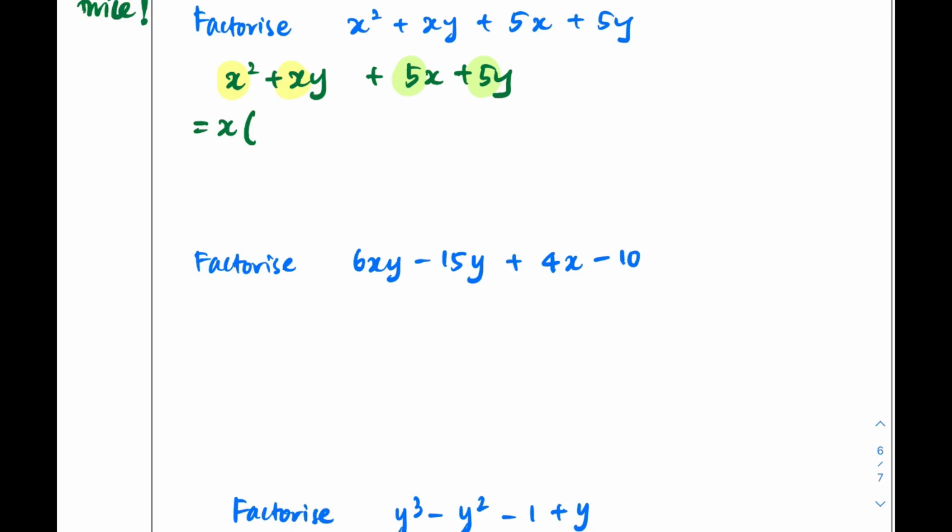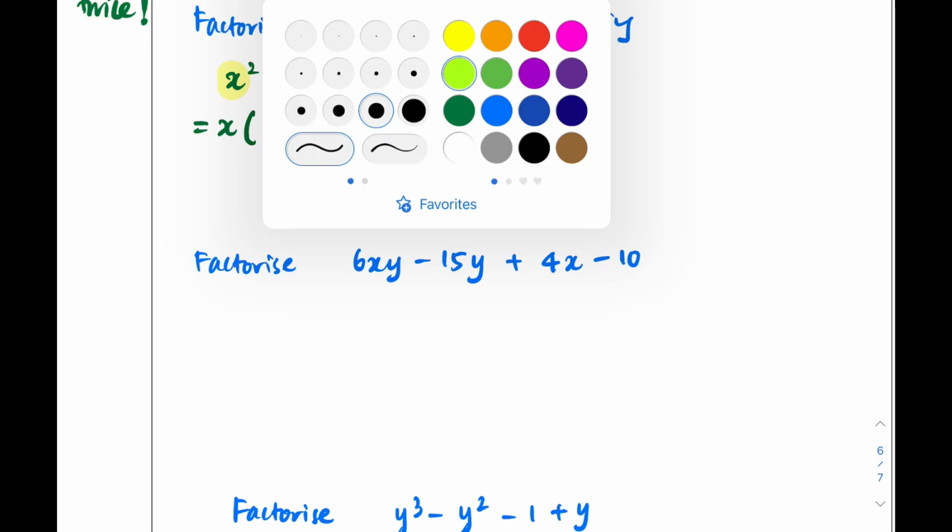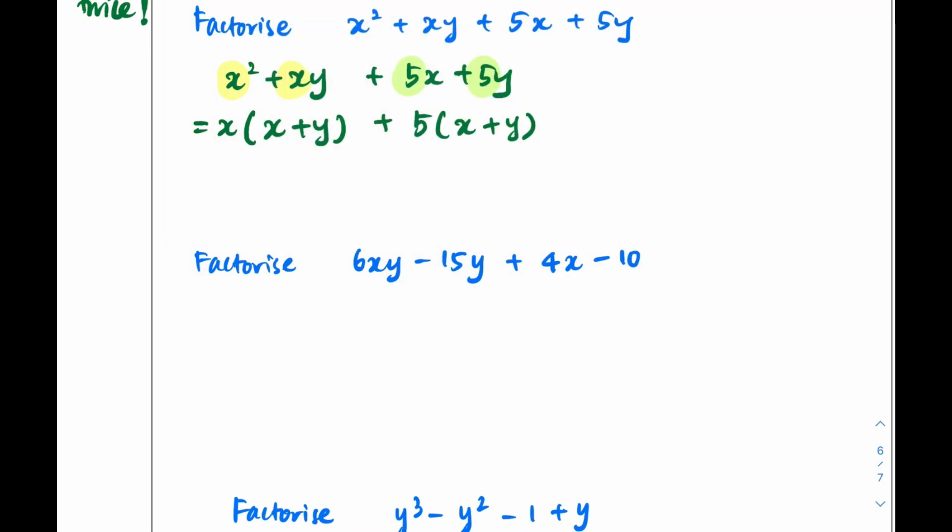In the first group, we extract the common factor x, and we will be left with x plus y in the bracket. In the second group, we extract the common factor 5, and we will be left with x plus y in the bracket. Now let's see, what's left in the bracket? Are they exactly the same? Yes, both are x plus y.